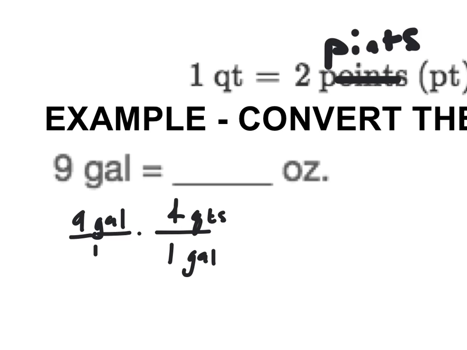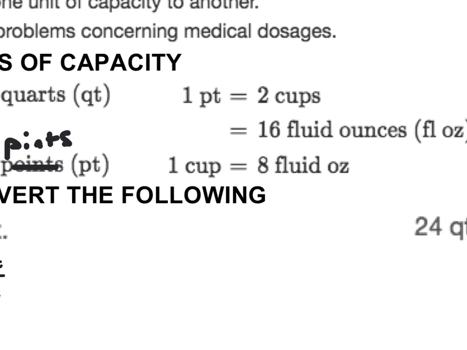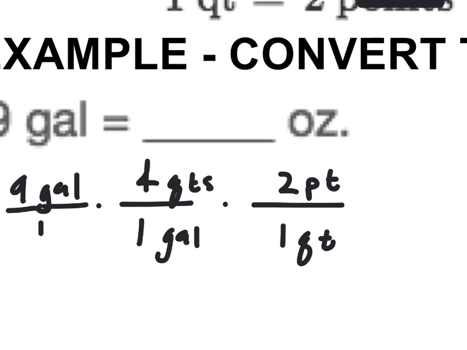So I'm going to multiply this by 1 quart over 2 pints. And then I know that 1 pint is equal to 16 fluid ounces, so I'm going to multiply this by 1 pint is equal to 16 ounces, okay? And that's what we want to get to. We want to get to a point where we can use ounces.